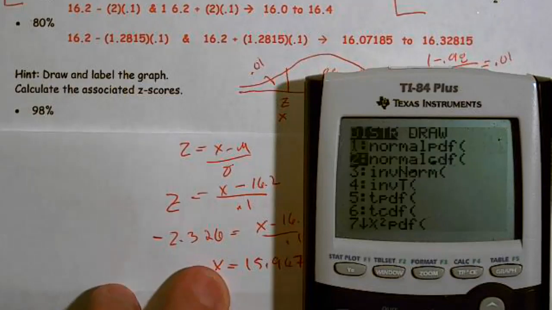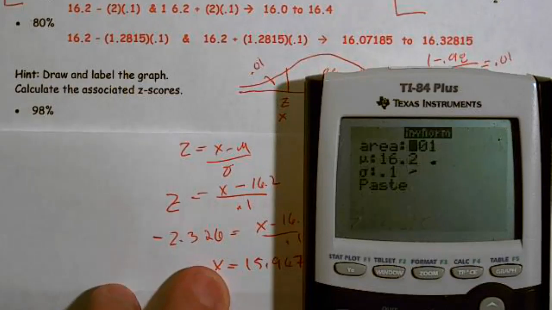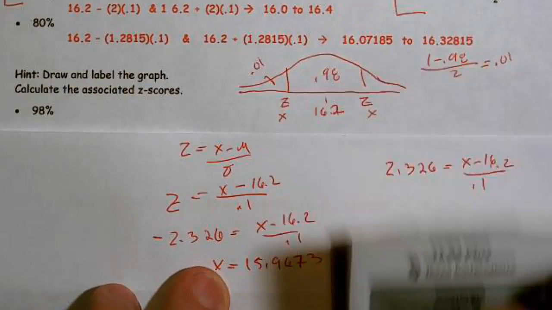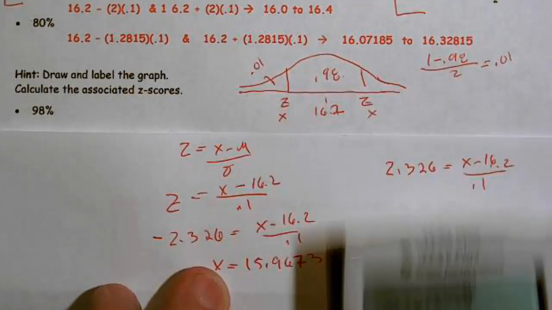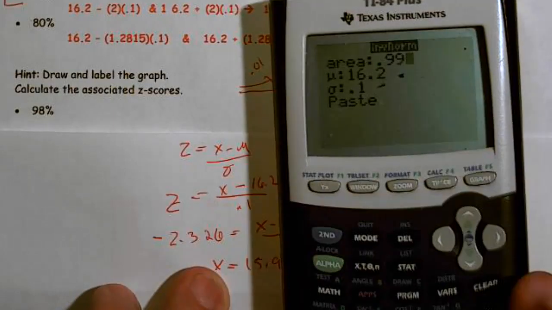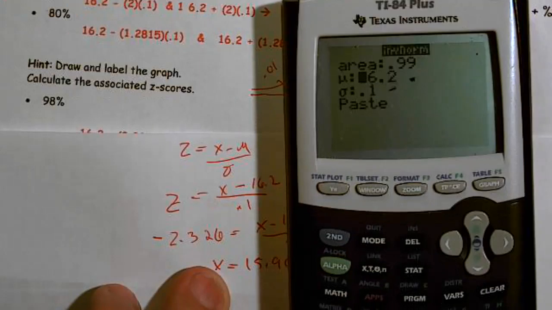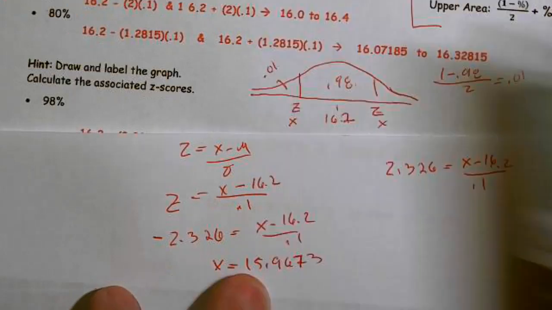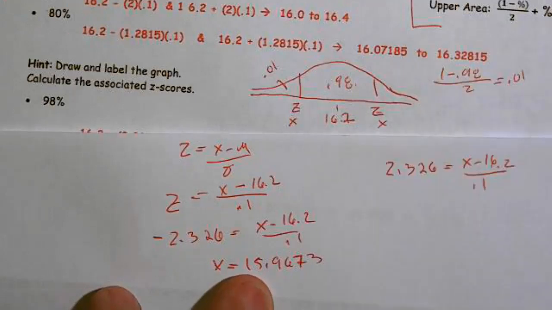Second vars, inverse norm. And instead of 0.01, we're working with 0.99 because it's the sum of the 98 and the 1. That gives 16.4326.